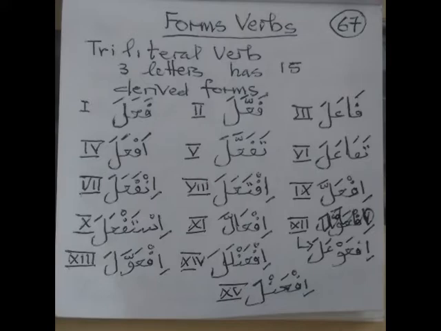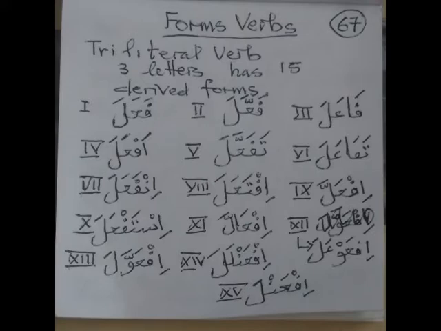Now, I'm not going to explain the meaning of each form here. I will post something separate to show you detailed meanings of the different forms. I want to show here that you can have about 15 forms for one triliteral verb. That fa'ala could have been kasara also, or it could have been kataba.